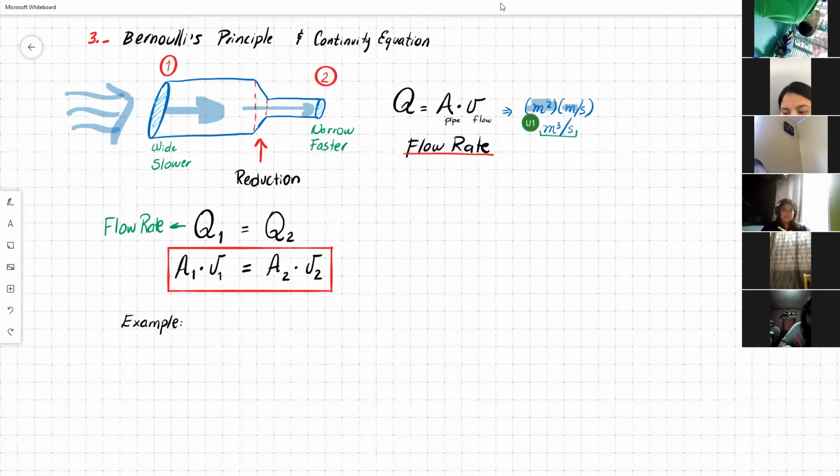This unit is the one I will use to measure the flow rate. Cubic meter is volume, okay? So it tells me the amount of volume that is passing through an area in a specific time. So the definition for flow rate is the amount of volume per time unit. That is the definition that we use for flow rate.